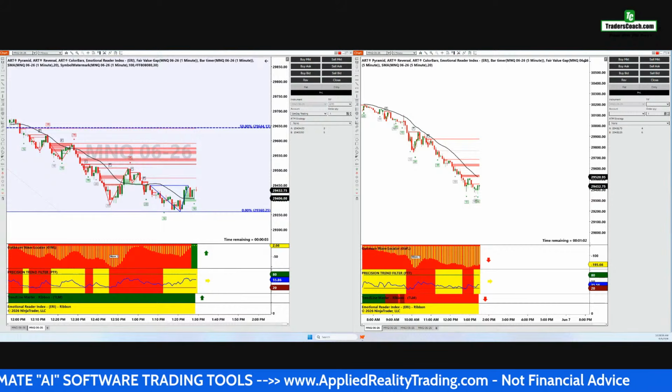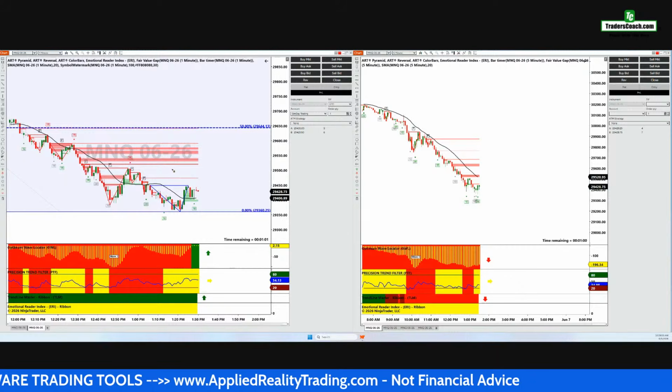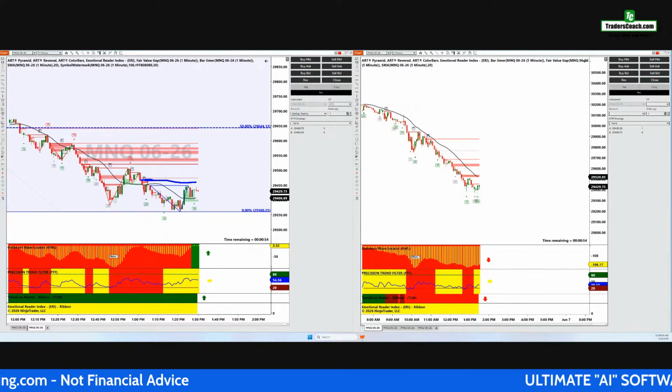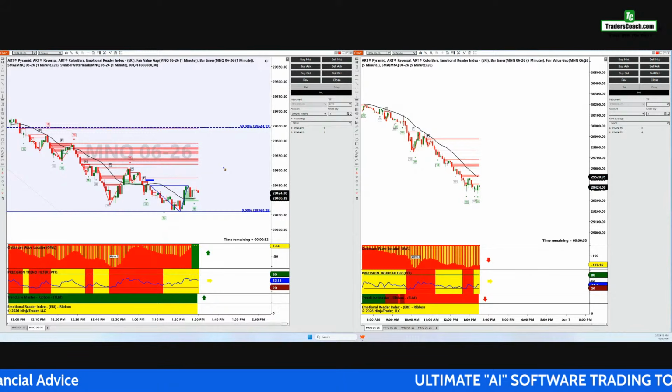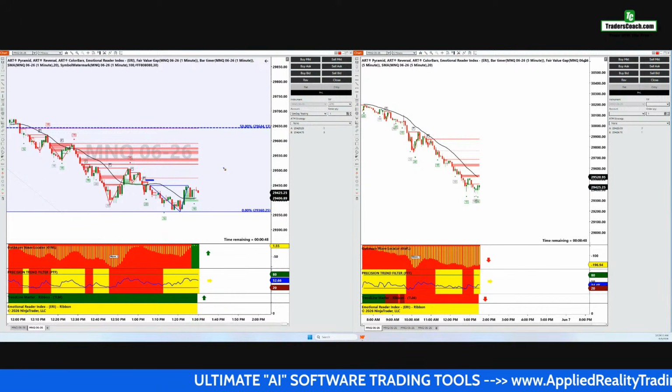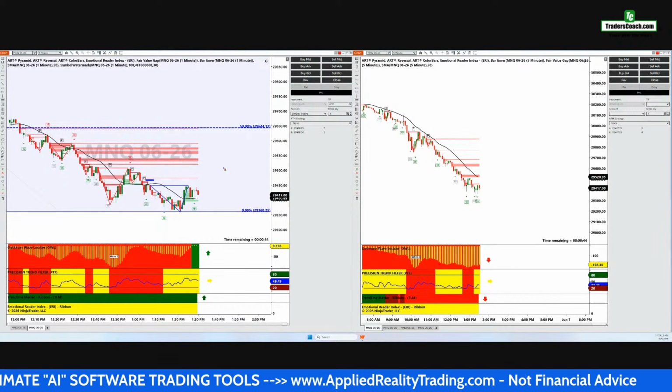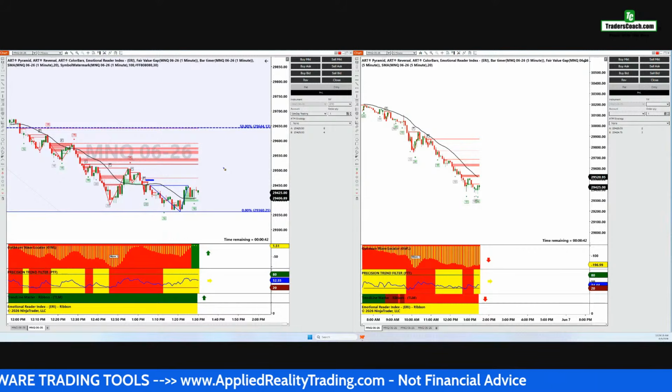So in this case here, the pyramids have this as a key level right here, because that's the last red one. So that's an area, if we get above, that we could have a change in structure, okay? So we'll have to pay attention to that and see how that goes.